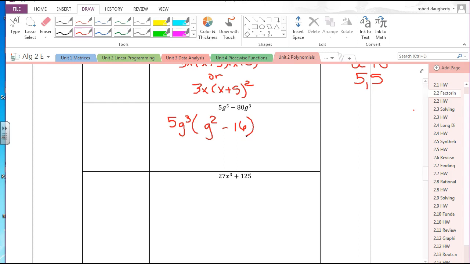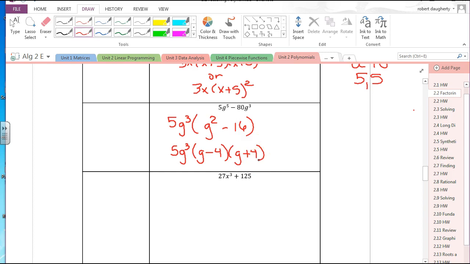Now, what do you have inside the parentheses? That is what? Difference of two squares. So this is 5g cubed times what? Yeah, g minus 4, g plus 4. It doesn't matter which order you put those in. Okay, that's the final factorization of this.